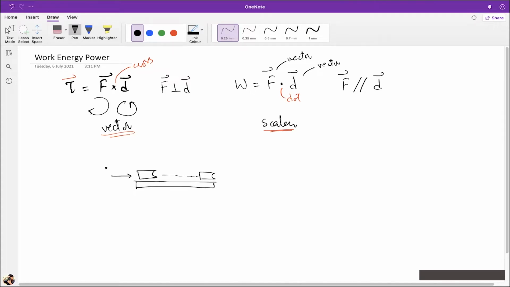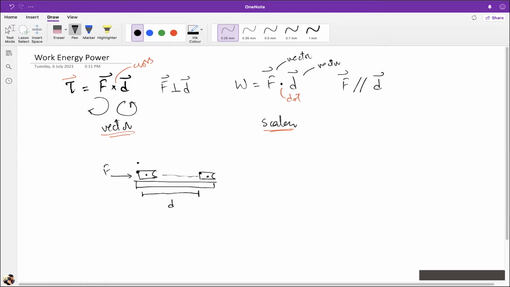It has definitely experienced a force, and that force has caused it to move from here all the way to this point, and that is the displacement. How will I measure that? I'll say, all right, from this corner to this corner, or from middle to this middle point. Wherever I want to look at, I will just measure the displacement that they've covered.